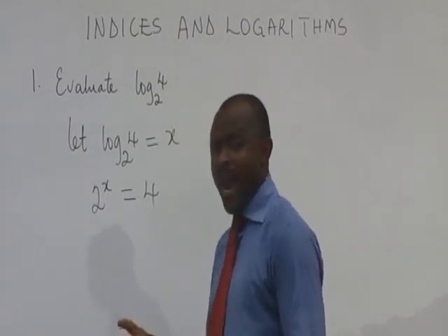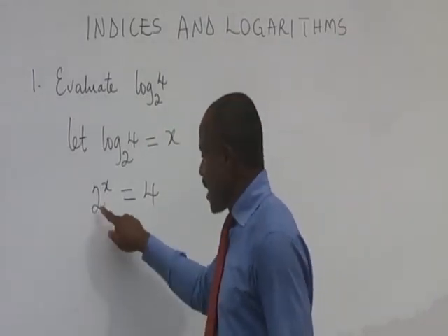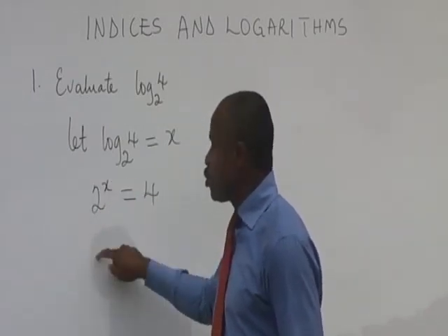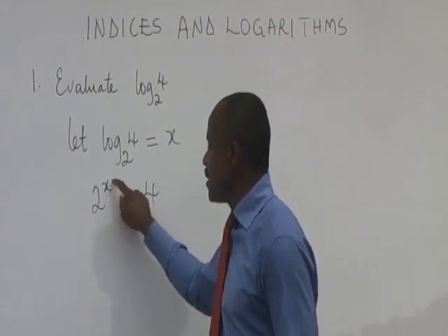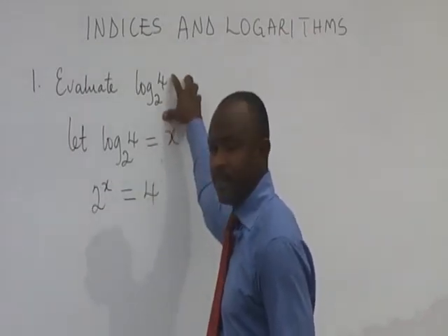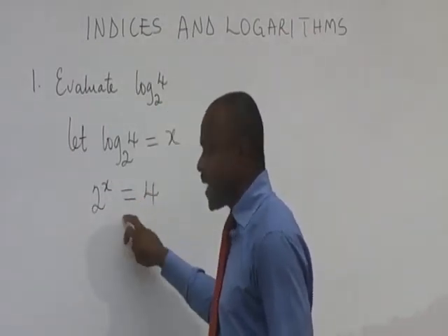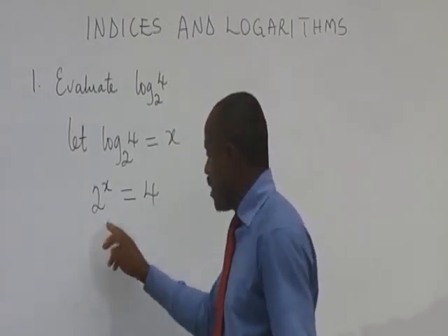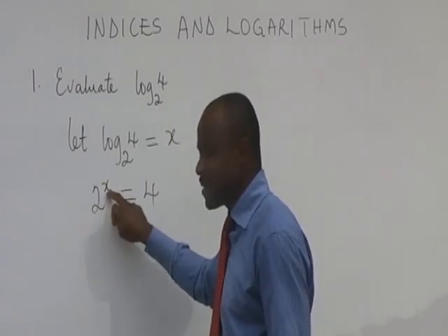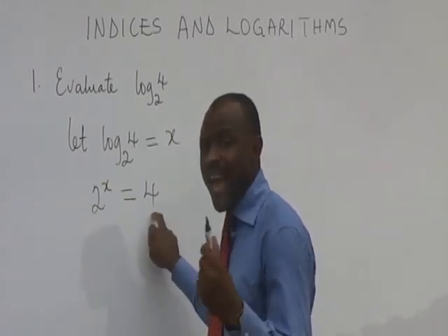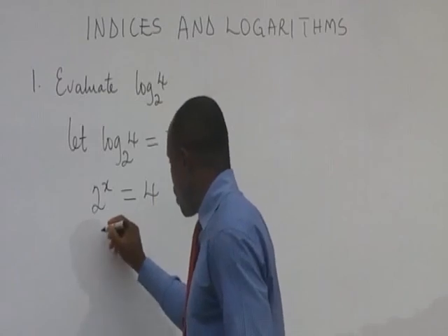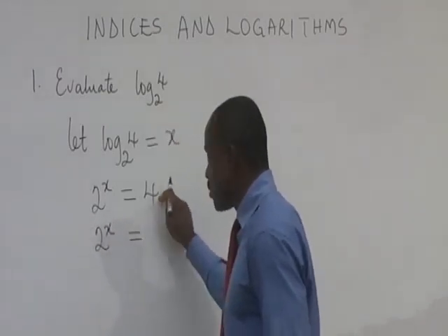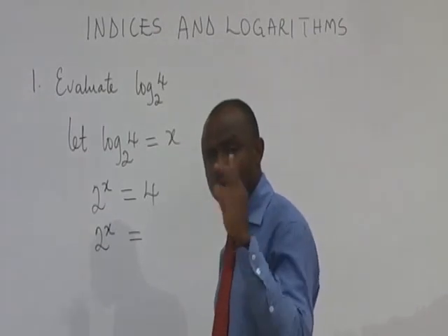Remember, when I was illustrating, 2 exponent x is this. That means the log to base 2 of 4 is x, and that's exactly what you have here. If this is the case, try to equalize both sides of the equation. Here you have 2 exponent x. Change 4 to an exponent of 2. You know that 4 is 2 times 2.